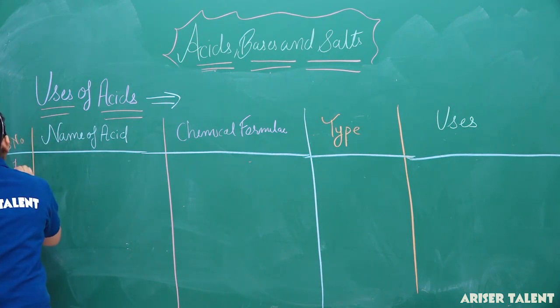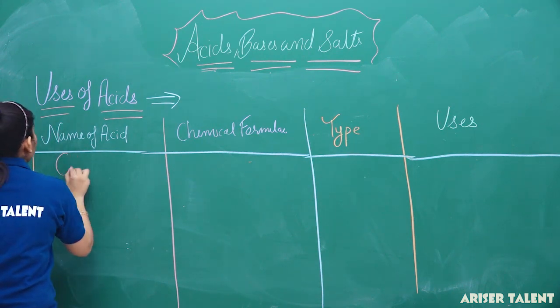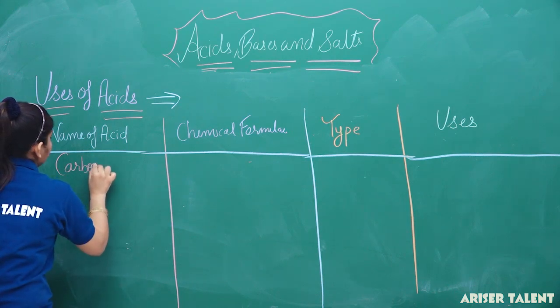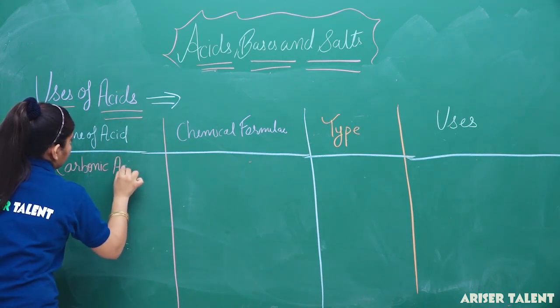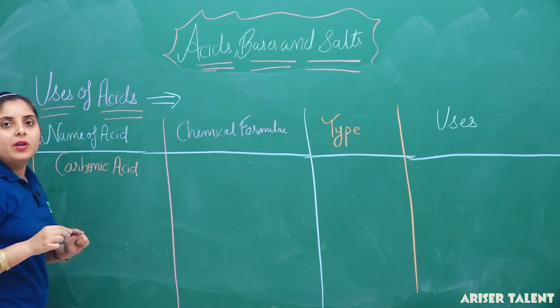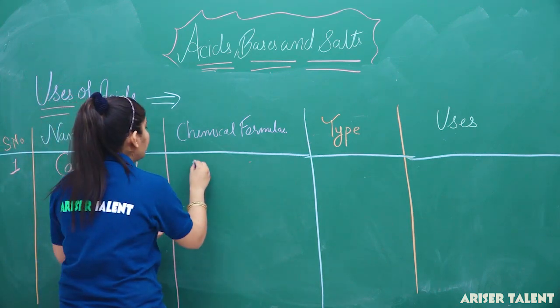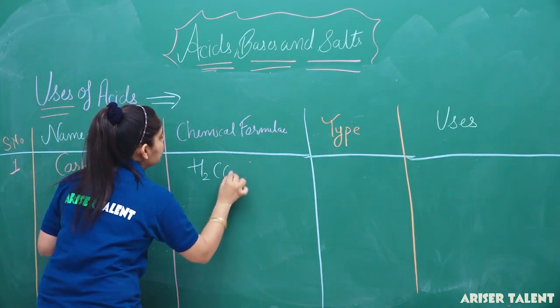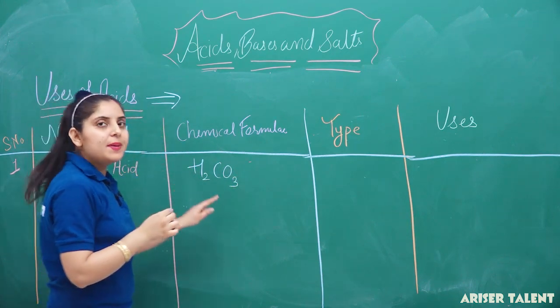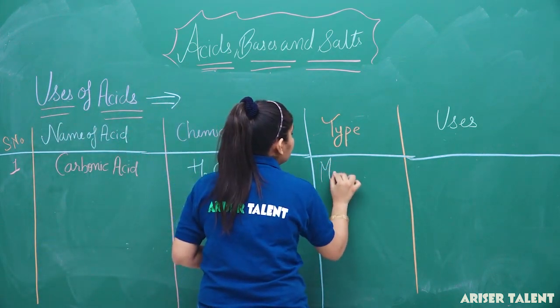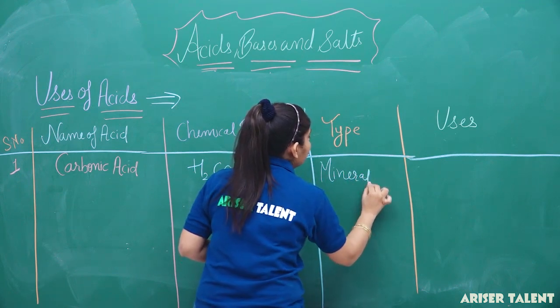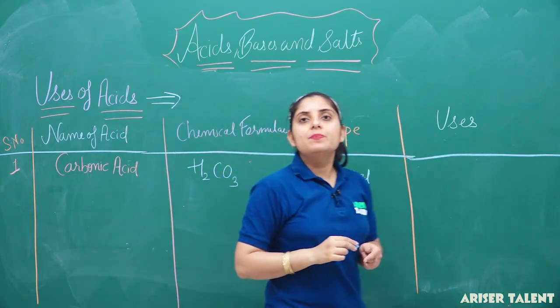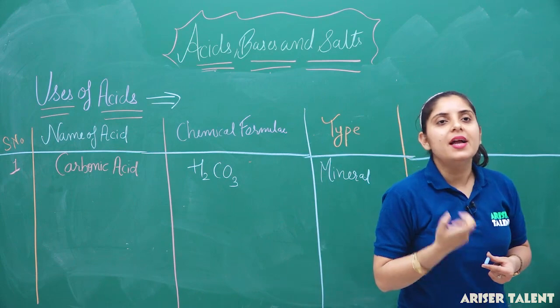So our first acid is carbonic acid. Carbonic acid is having a general formula H2CO3, and it is basically a type of mineral acid that I have told you earlier. Now carbonic acid is basically used in cold drinks and landfills.